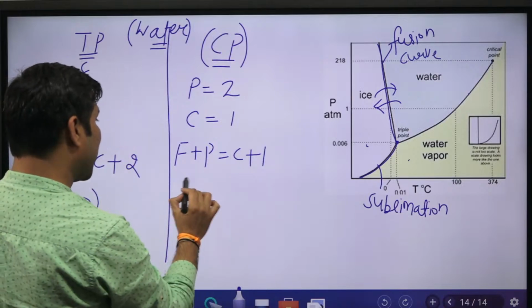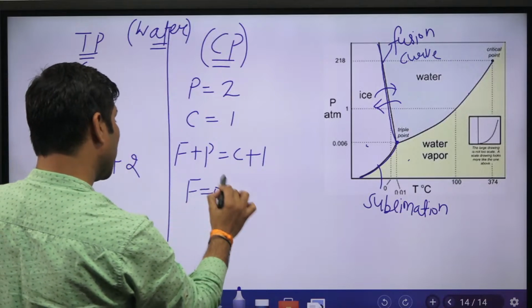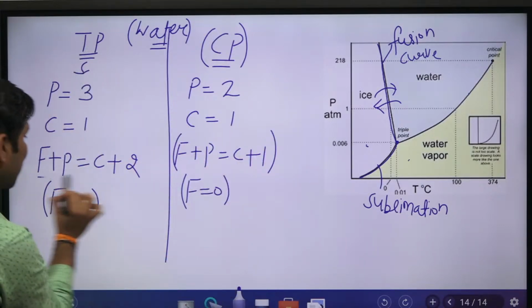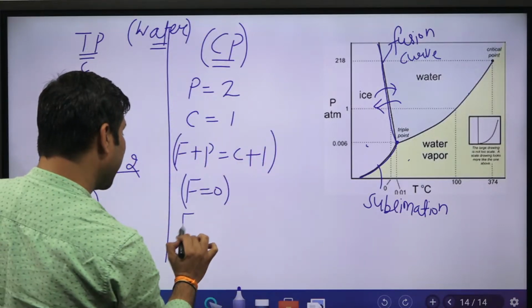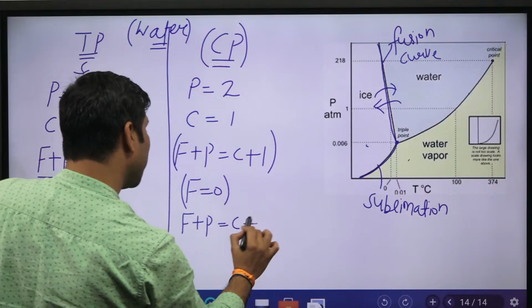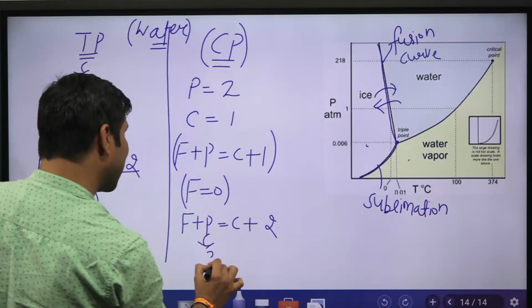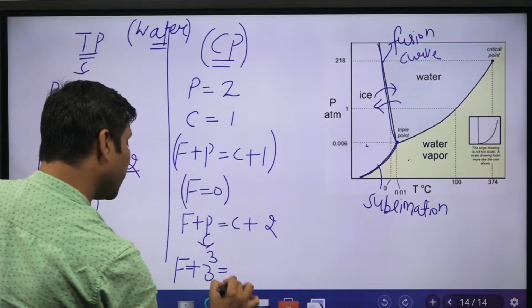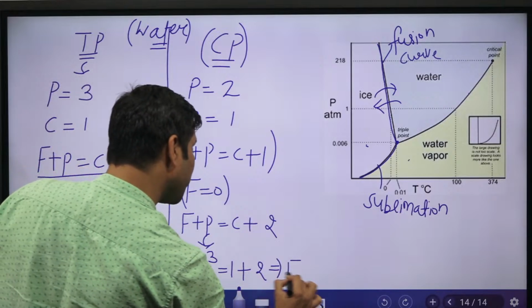Again you will get F equal to 0. If you want to use the other expression, you can write F plus P equal to C plus 2, but you need to take phases as 3. F plus 3 equal to 1 plus 2, so again F will come out 0.